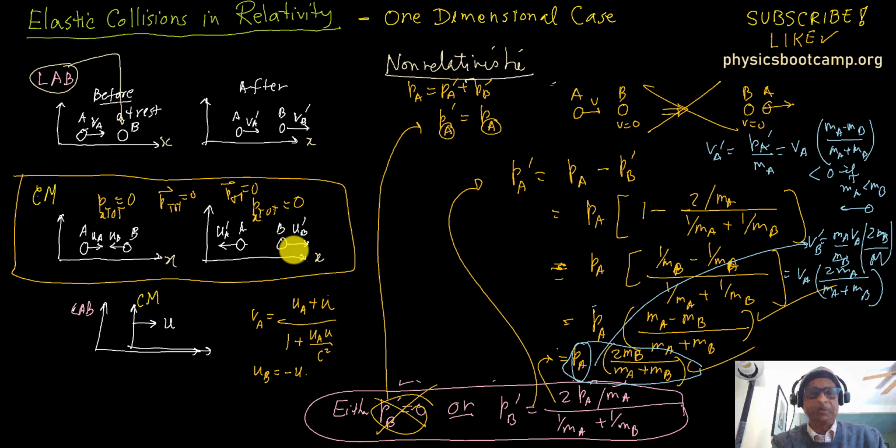And maybe we should do this in the non-relativistic case and see how easy or hard it is to do it in the center of mass frame here. And then we're going to do the same stuff in relativistic.